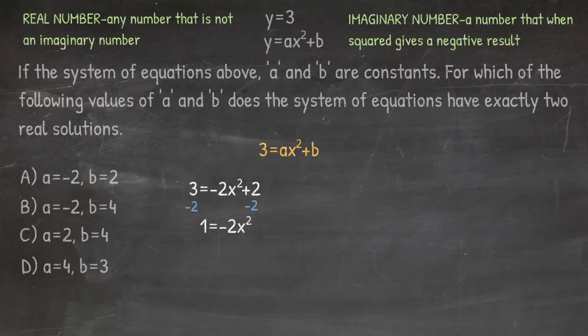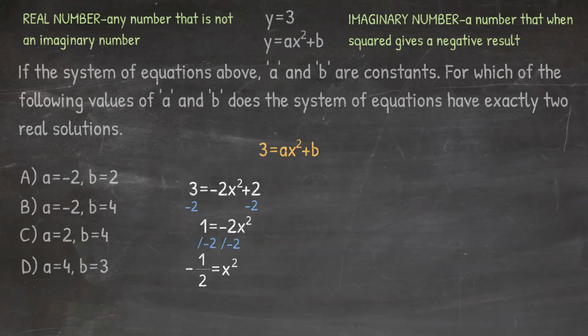Now, let's reverse the multiplication by -2 to isolate x squared and divide both sides by -2. As a result, we have x squared isolated, and on the other side, we have -1 divided by 2.